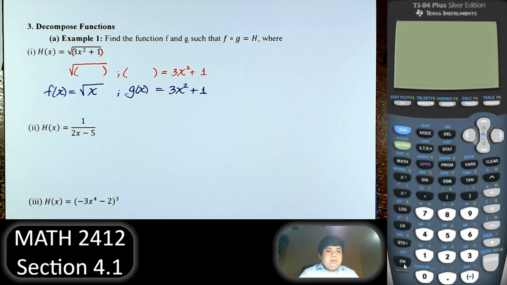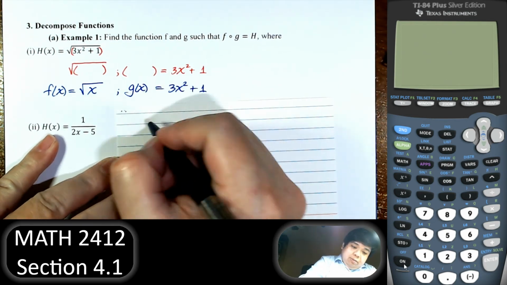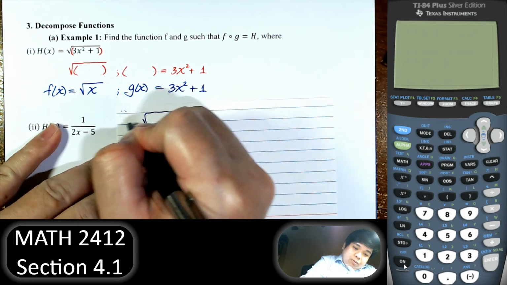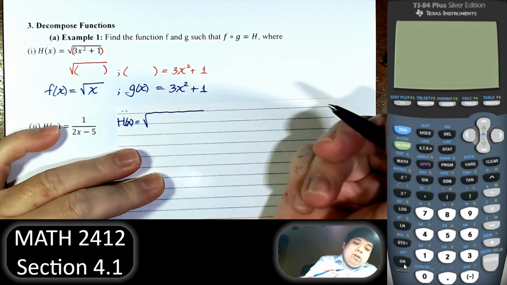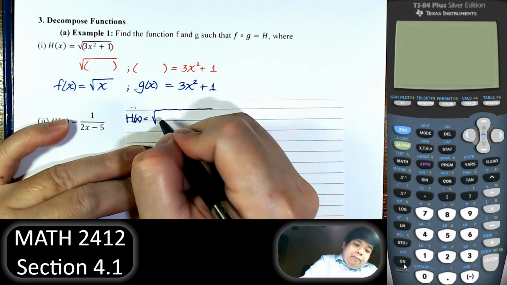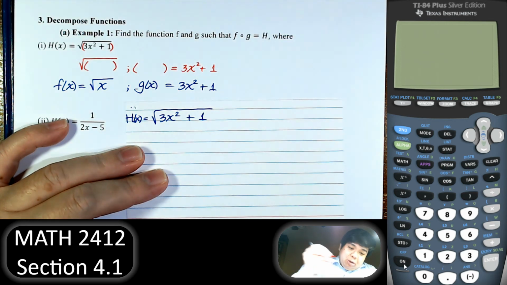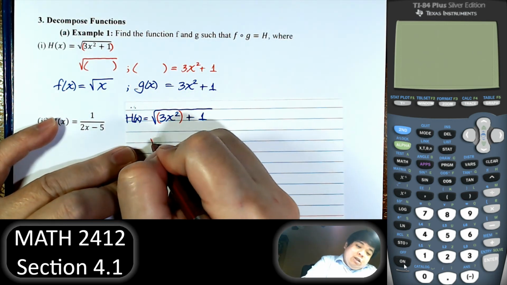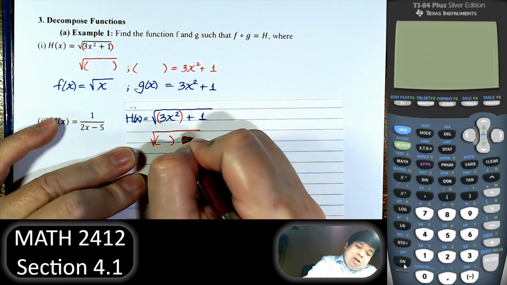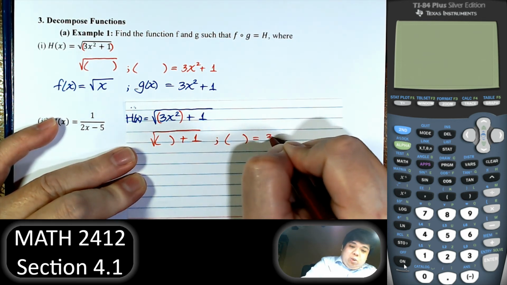Right. There's a lot of ways we can do this though. You can write 3x squared plus 1. If you just want to have the parentheses around 3x squared, perfectly fine. In that case, we have the square root of a parentheses plus 1, where the parentheses is 3x squared.